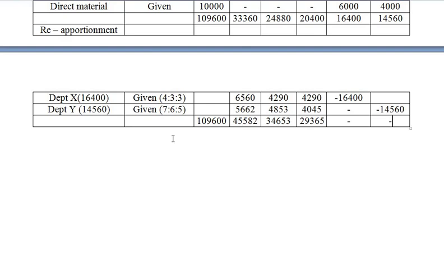So this is how we solve it under secondary distribution.